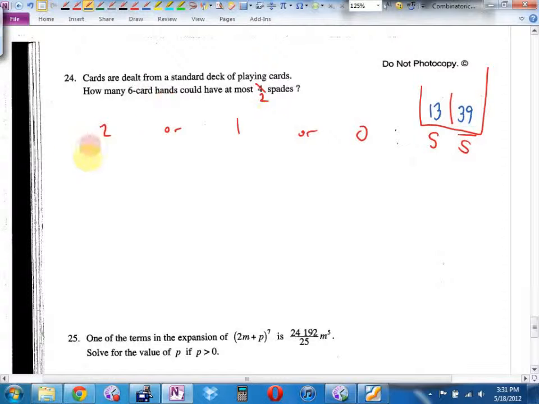So for the first one, 13 spades, choose 2. From the remaining 39, choose how many? 4. Or 13 choose 1, 39 choose 5. Or 13 choose no spades, 39 choose 6. Then type it in.